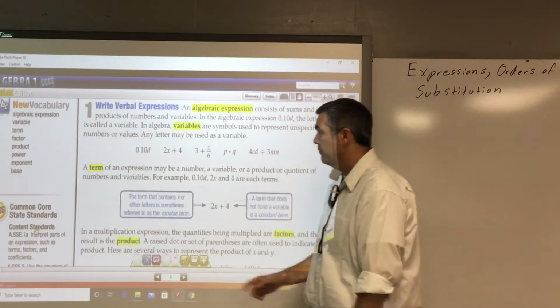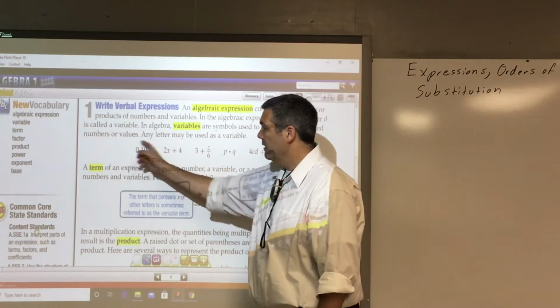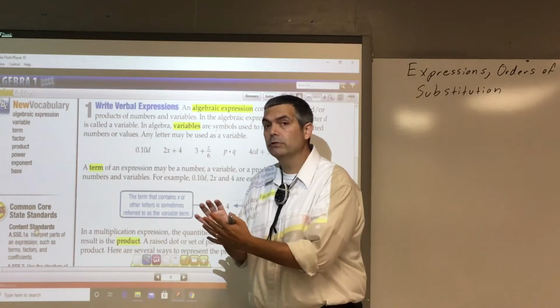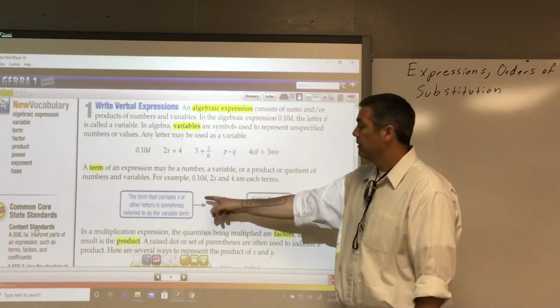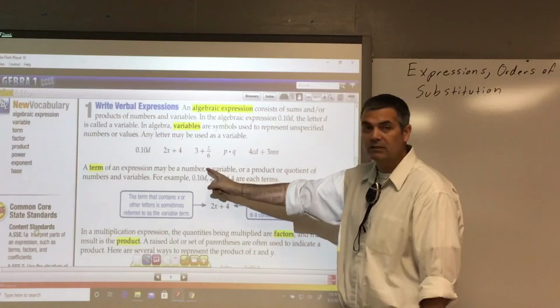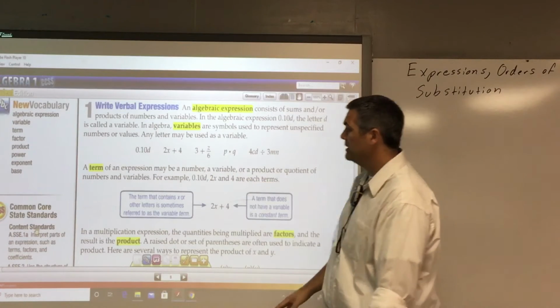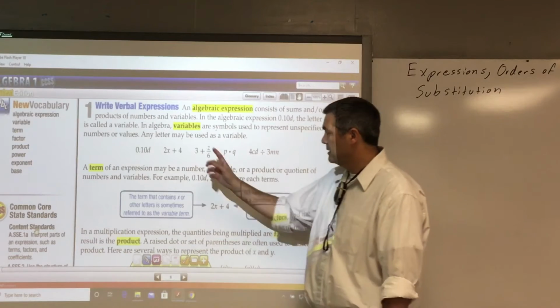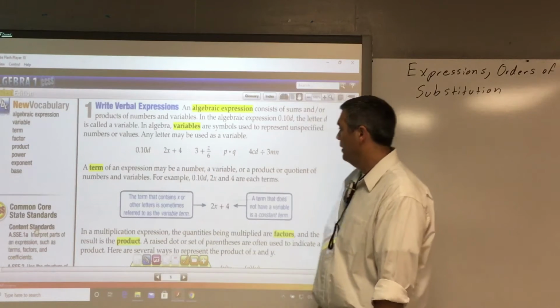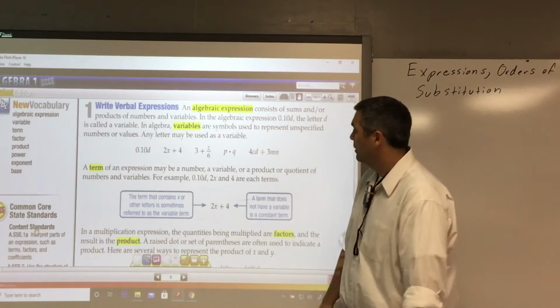This 0.10d is all one term. In 3 plus z over 6, the 3 is a term and the z over 6 is a term. When I say term, you need to recognize it's something separated by addition or subtraction.